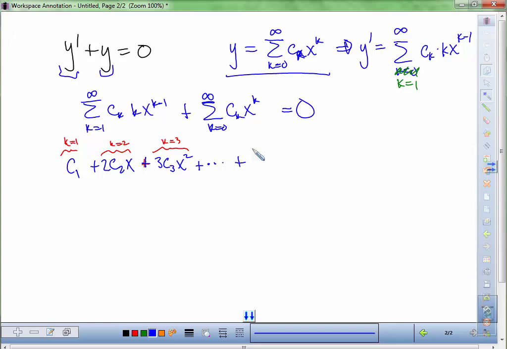Now let's take a look at our second series, where it's just c_k x to the k, where k goes from 0 to infinity. So we'll start off with c_0 x to the 0, plus c_1 x plus c_2 x squared, and then dot, dot, dot.